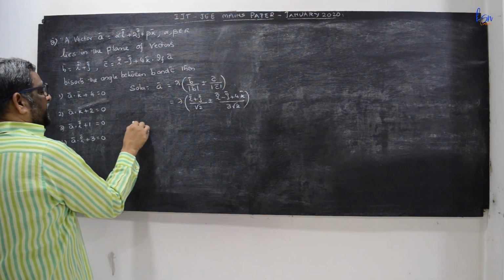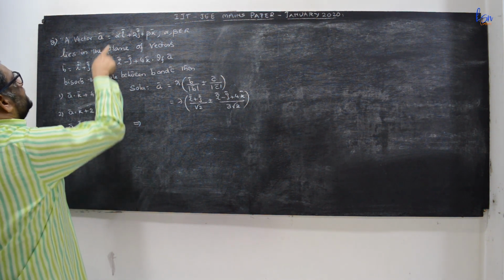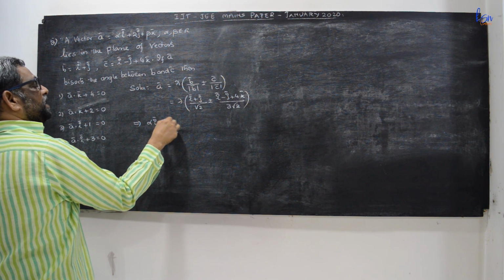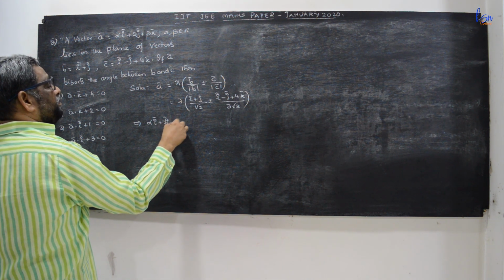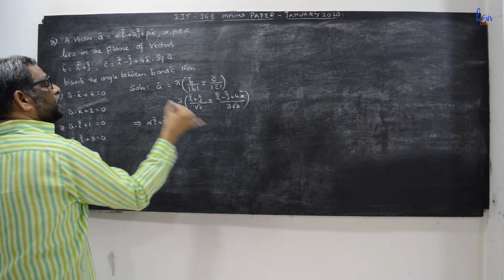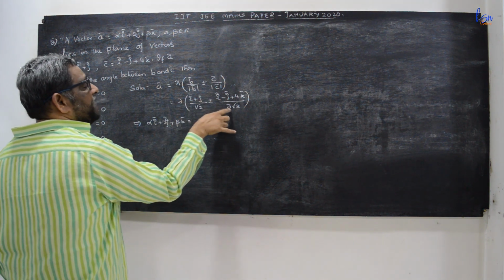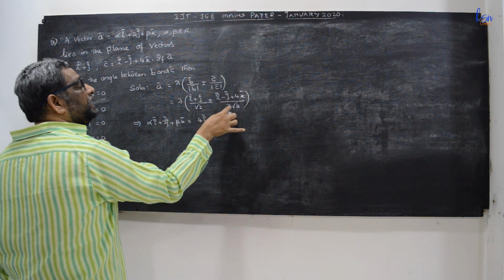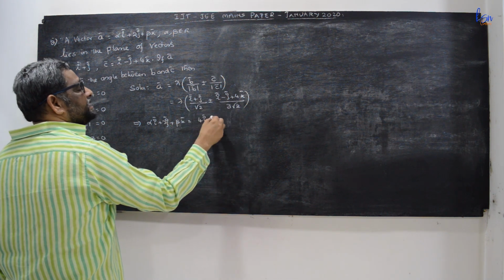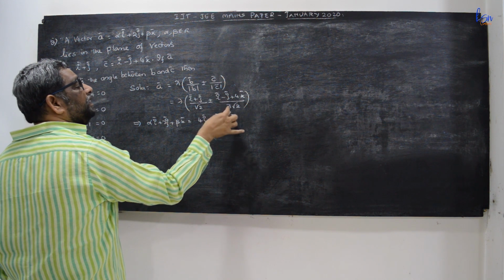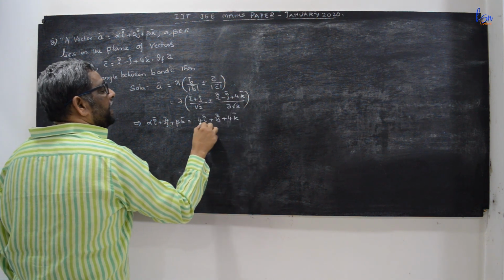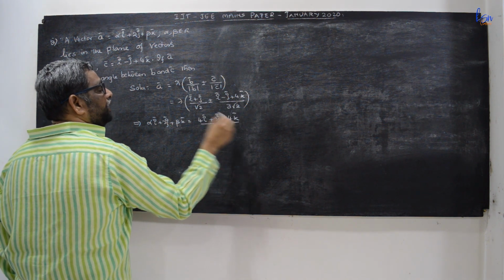Now this can be taken as a bar is equal to alpha i bar plus 2j bar plus beta k bar. Taking the positive sign, 3i bar plus i bar, 4i bar, 3j bar minus j bar plus 2j bar plus 4k bar, by 3 root 2, into lambda.